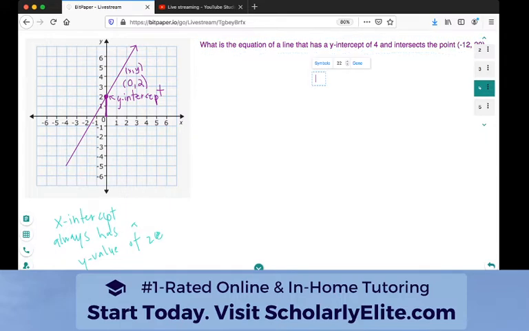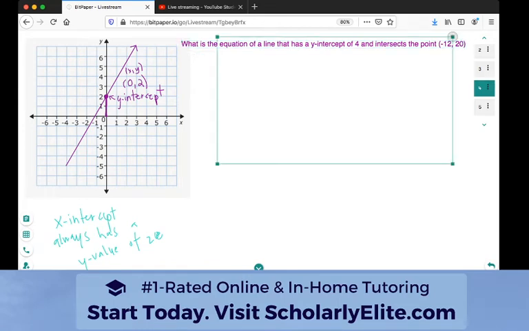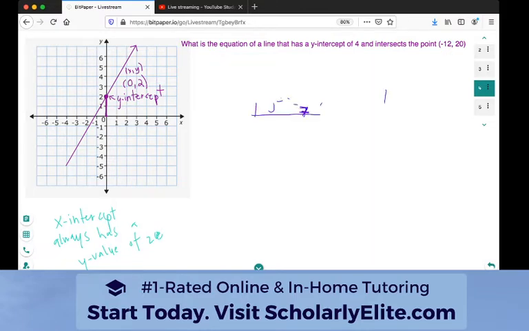Okay, let me just move this over here. So let's go ahead and solve this question. This is a very common type of question that you will get on your tests, and it's really important to understand.